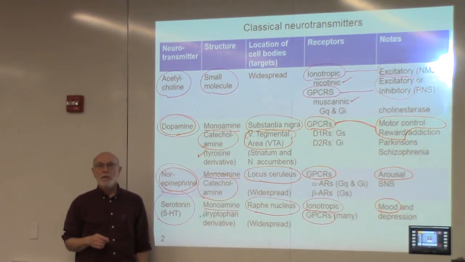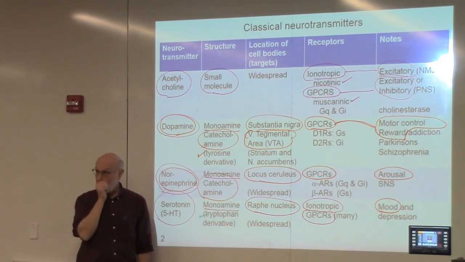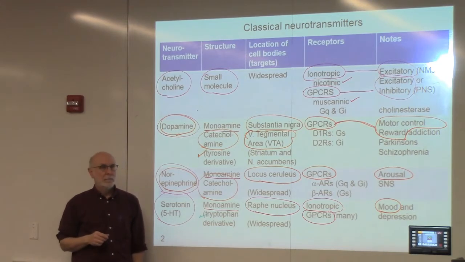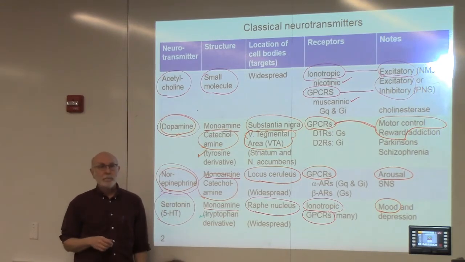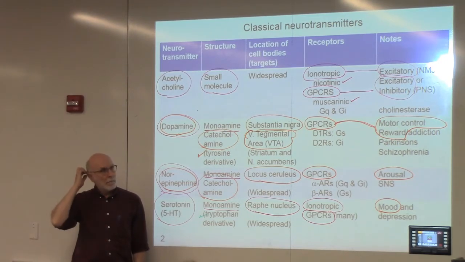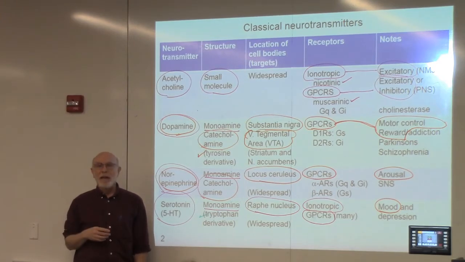What else is another factor that defines a neurotransmitter? There's a clue on the board. So is it enough to say that the neuron makes the chemical? What does the neuron have to do with that chemical after it makes it?